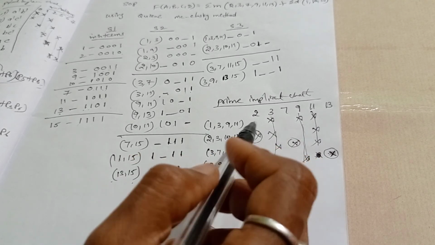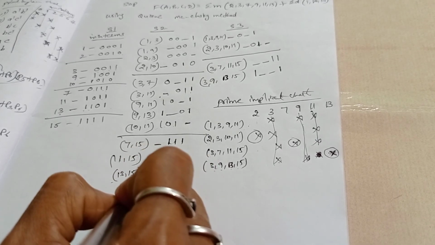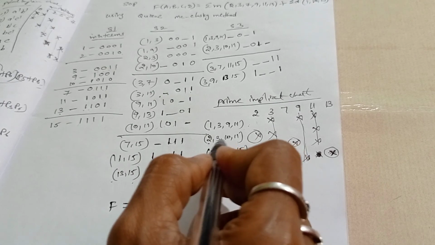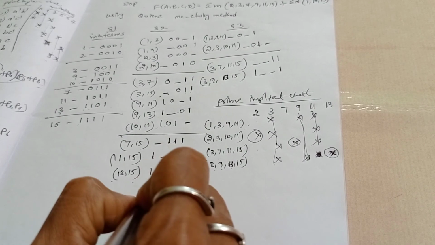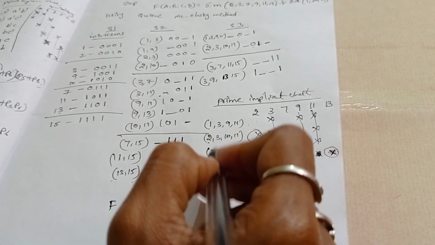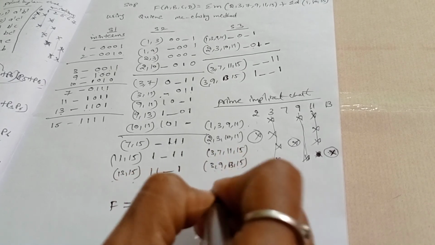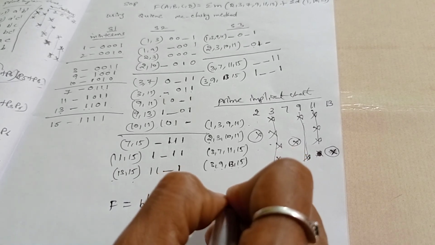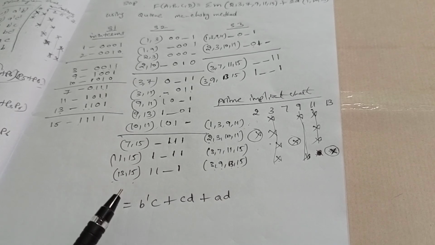Only one is left. So this completes the final minimized SOP. What is this value? That is B bar C plus CD plus AD. This is the final minimized SOP using an incompletely specified function, that is nothing but don't care.